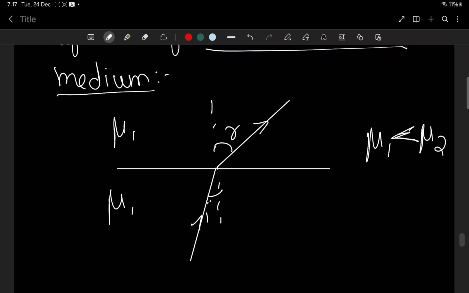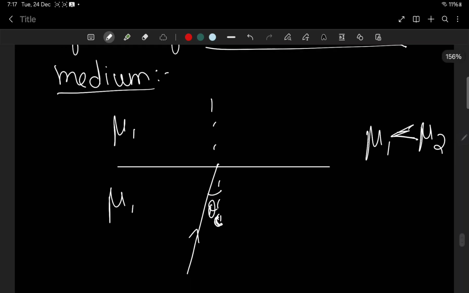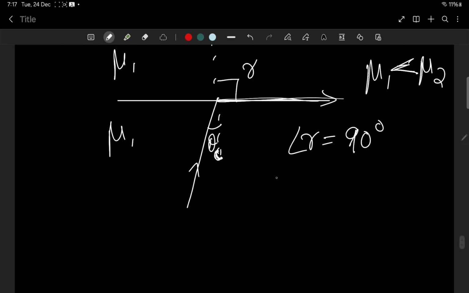Now in the same case, when the incident ray is incident on the surface at a specific angle theta c, the refracted ray will have an angle of refraction of 90 degrees. If the angle of refraction is equal to 90 degrees, then the corresponding angle of incidence, theta c, is called the critical angle.